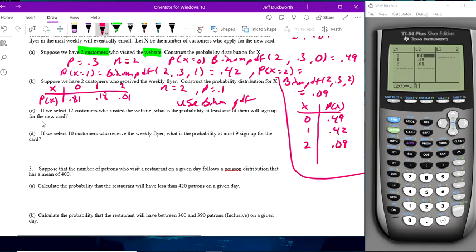So here we have a new one. We're not using the above distribution. We're using n is 12. The website, so p is equal to 0.3. That was given. And we want the probability that x is greater than or equal to 1.